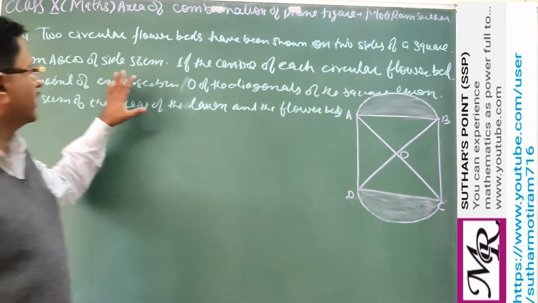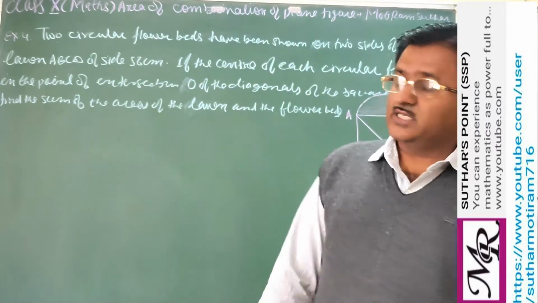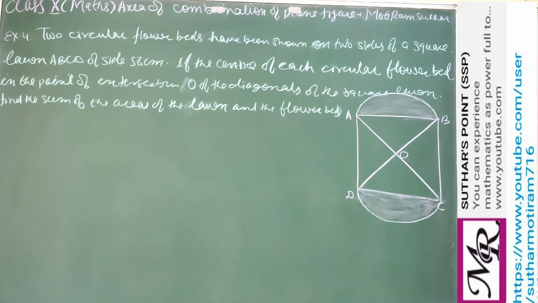So the first example says: two circular flower beds have been shown on two sides of the square lawn ABCD.